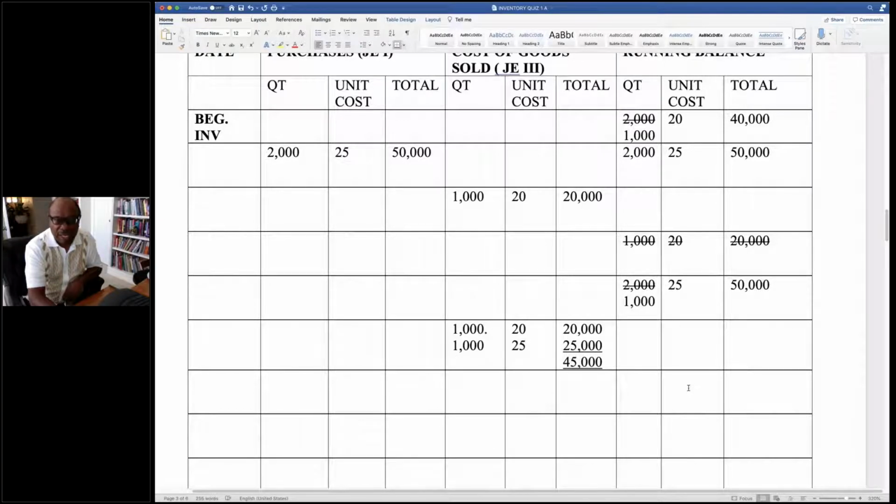So we're only going to have 1,000 units now at this point, and they're costing 25,000. The only thing with weighted average is you have to calculate a new weighted average every time you make a purchase. The weighted average changes. So it's not one weighted average. Got it?